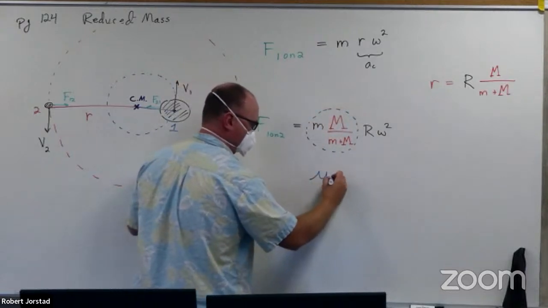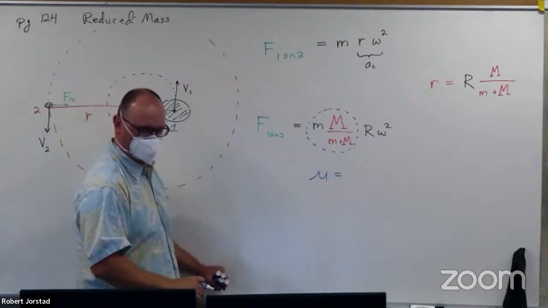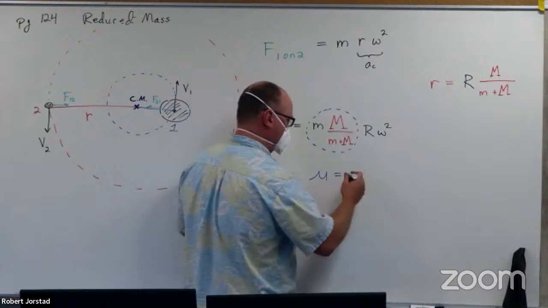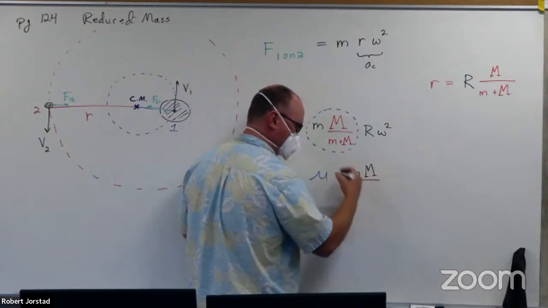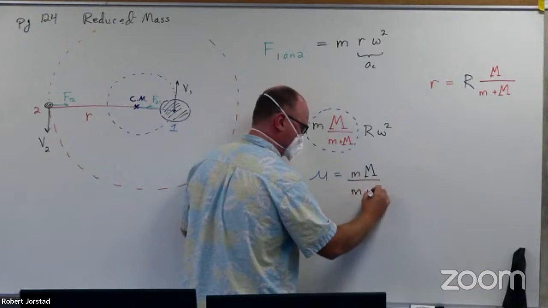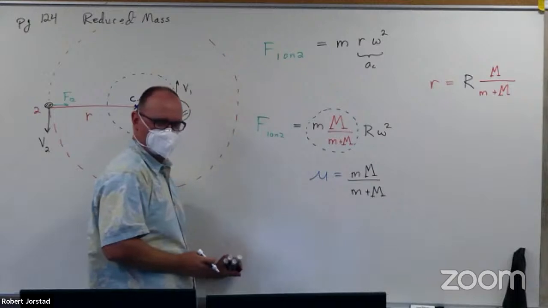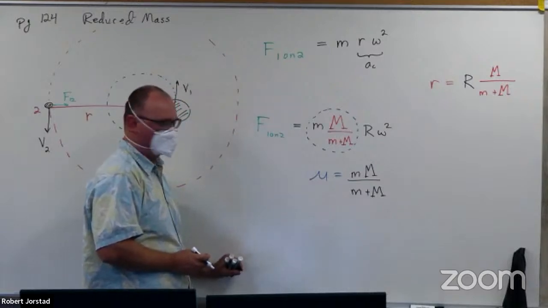This is sometimes given a new name, mu, as if we weren't using mu enough already. Let's throw another mu in there. And notice, what are the units of mu in this context? What are the units of this thing? Nope.